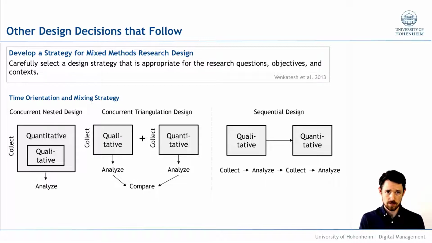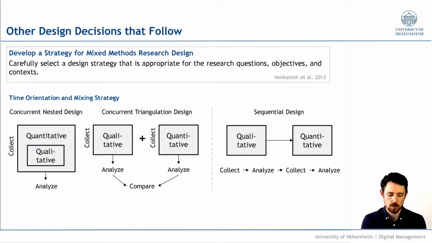And those different possible designs are separated by their time orientation and mixing strategy. What does that mean? Time orientation means you have those two strands, qualitative and quantitative. In which order do you use them?